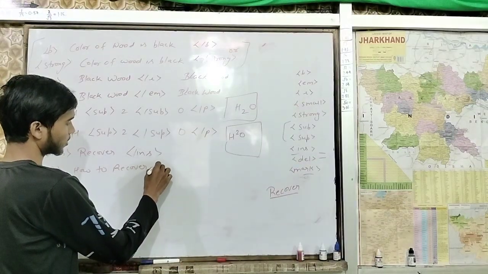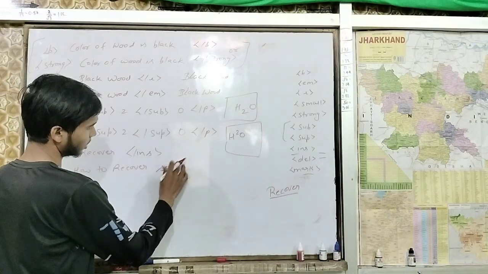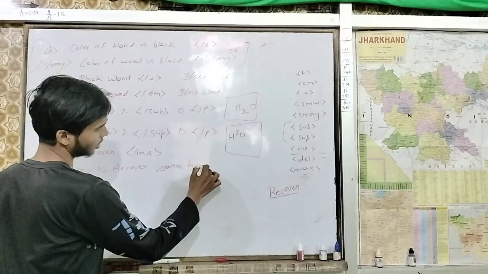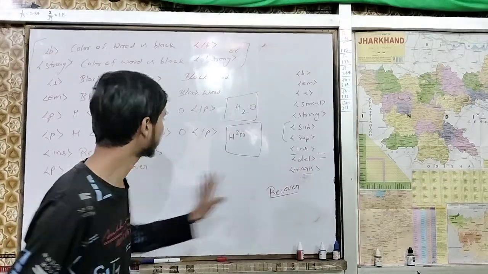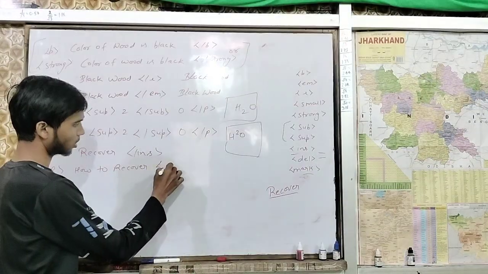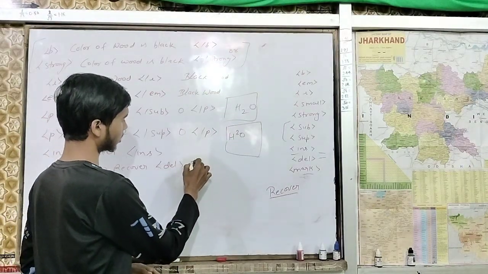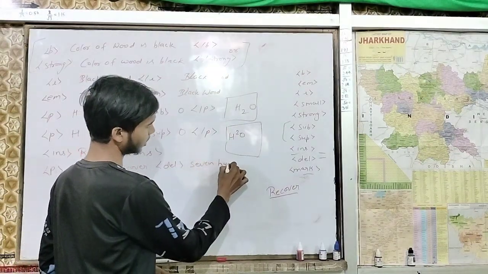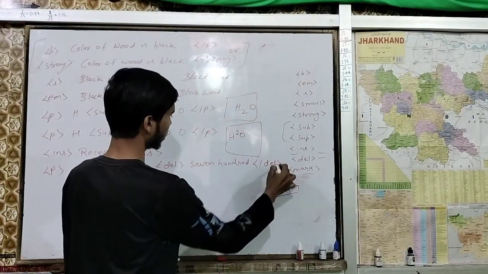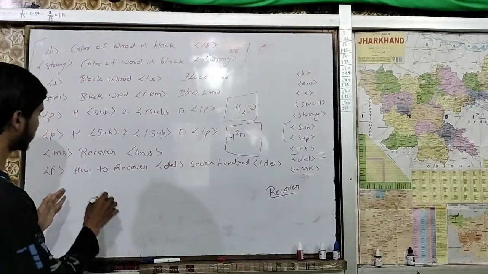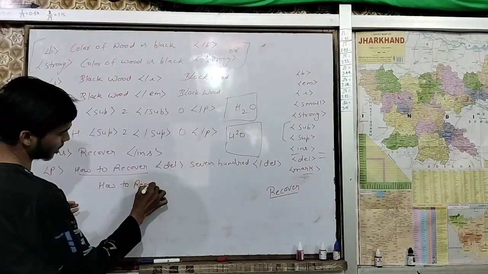So let's say how to recover 700. We want to use this tag, so DEL, and here 700, then the ending tag. Now what will happen? On our website, how to recover will be as it is.